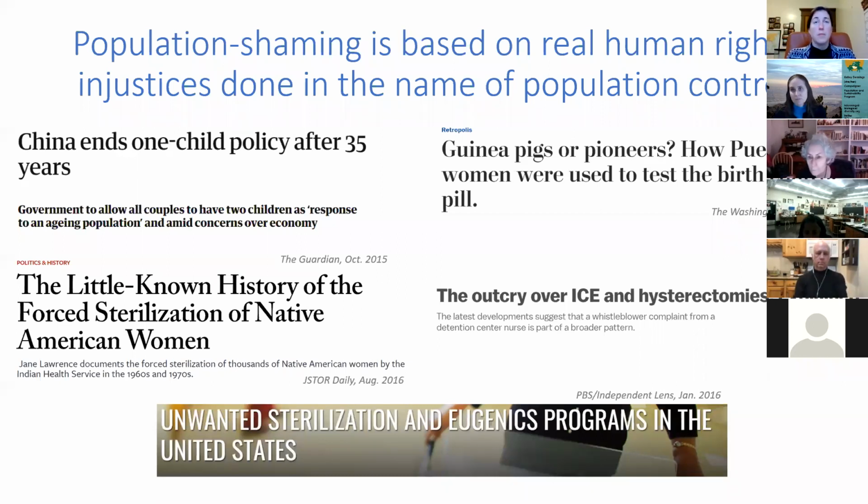So top left, probably one of the more familiar examples is China's one-child policy. Five years ago, it ended after 35 years. But I think what goes under the radar for a lot of people is that it just became a two-child policy. It's still limiting family size and reproductive freedom. And there were a lot of issues with this.